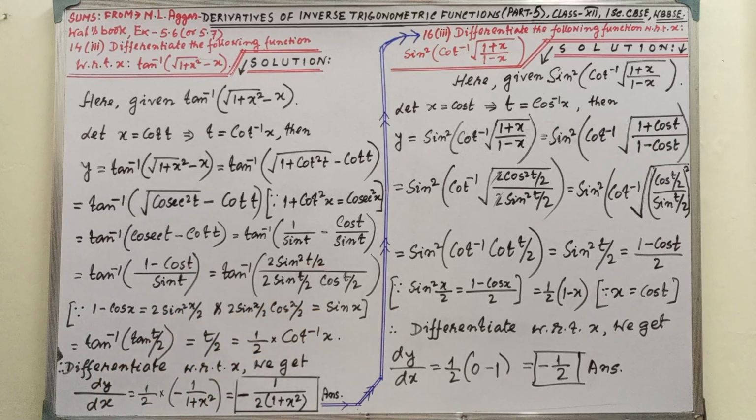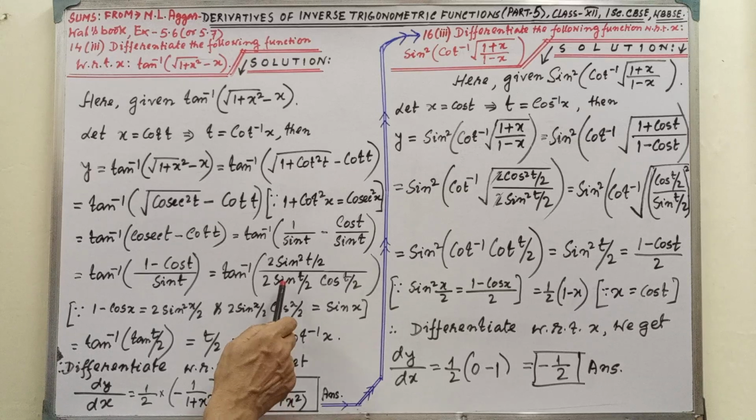And sin t, that is sin 2a, the multiple angle formula: sin x equal to 2 sin x by 2 cos x by 2. Here sin t is 2 sin t by 2 into cos t by 2. By applying the formula we are getting this.